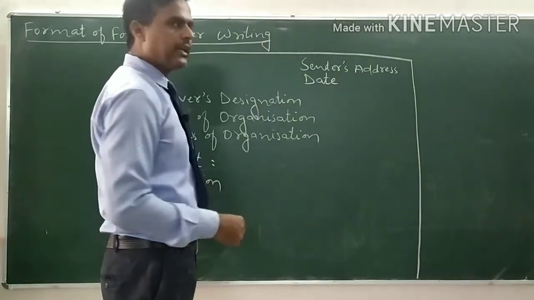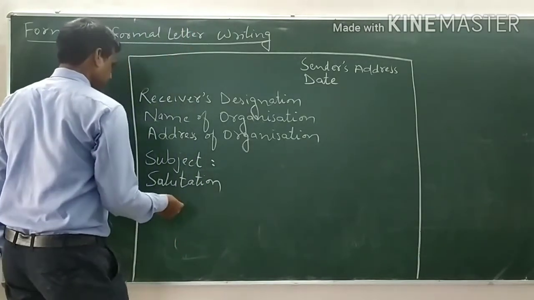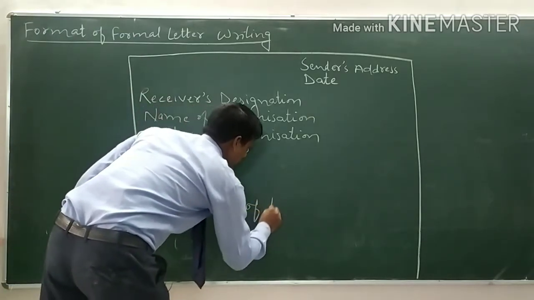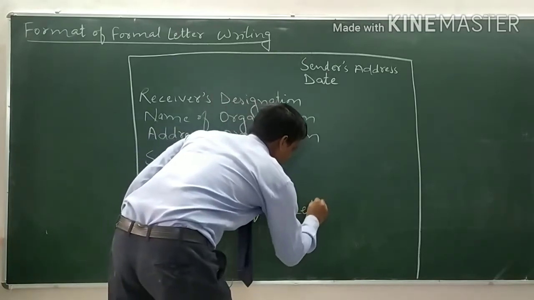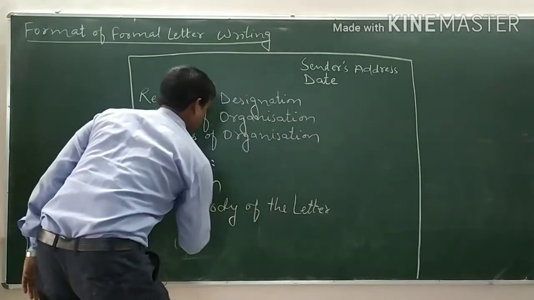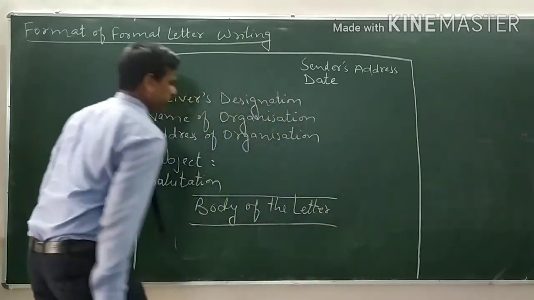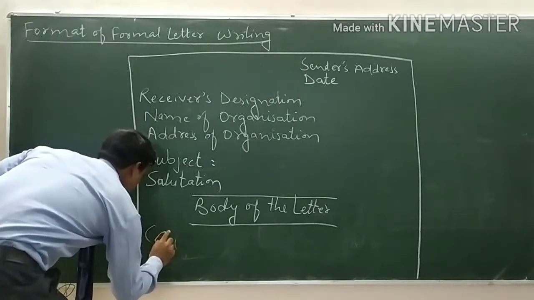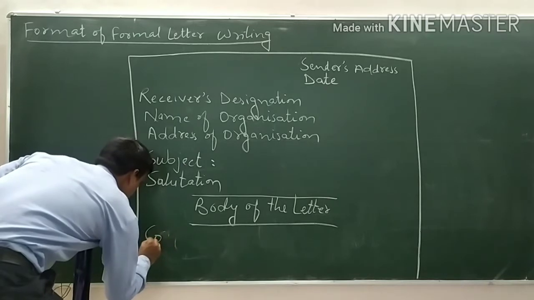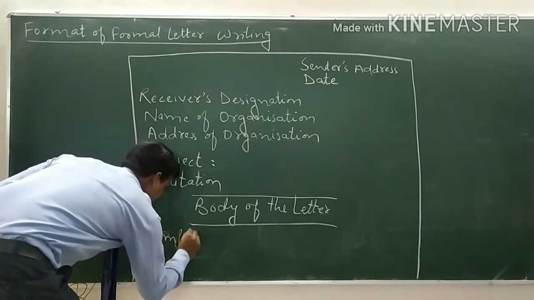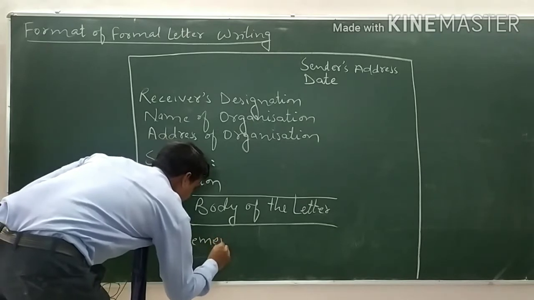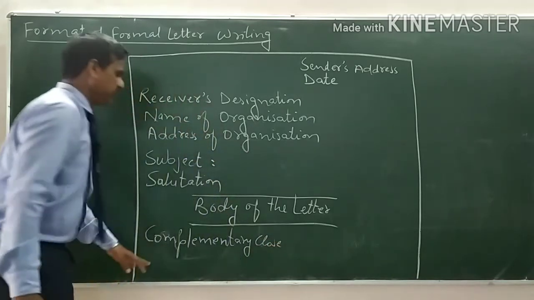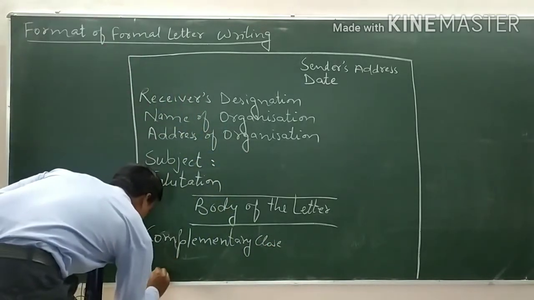After writing the salutation, we will write the content or body of the letter, or application. After writing the body of the letter, we will write the complimentary clause, and after the complimentary clause we will write the full name.